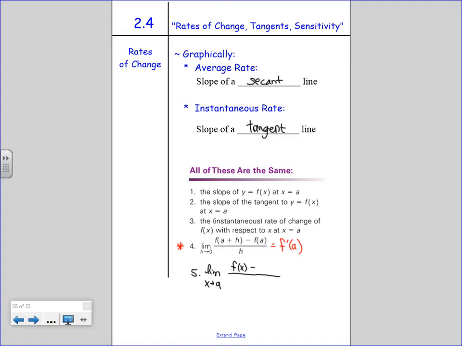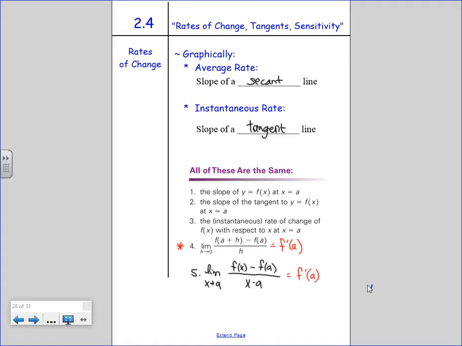How would you finish it? Is it minus f of x plus a over x minus a? No, because that would be f of a minus f of 2a. That'd be different. Remember, when we plug in, it needs to cancel out. So what would that have to be? A. Right, because then I plug in f of a minus f of a. What's going to be on the bottom? X minus a.